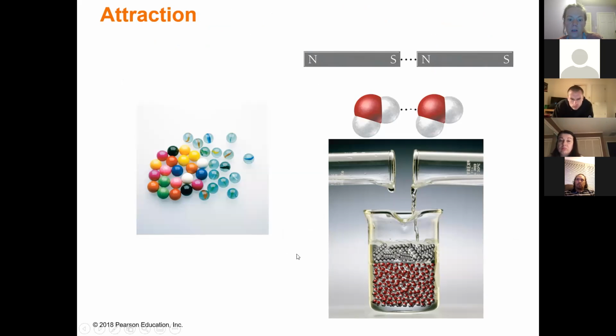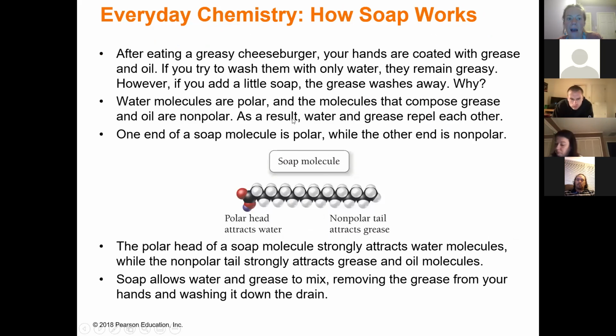So how does soap work? Soap is a really, really cool molecule. It's usually made by taking some sort of fat or oil, which is a non-polar molecule, and it undergoes a process called saponification, where you take lye and you take this really long oil molecule, cut off the end, and put a polar head on it.